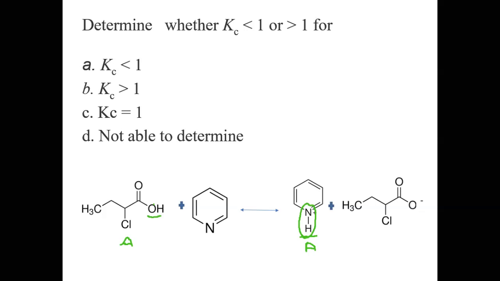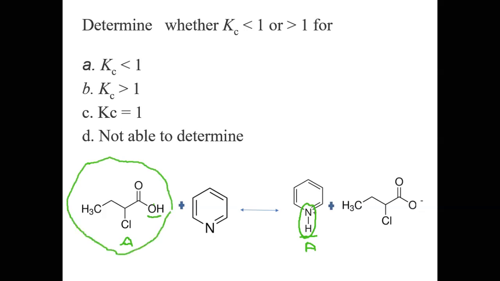Let's repeat it one more time. Since we're comparing two acids where the element attached to the acidic proton are both on the same period, we look at which one has the greater electronegativity. It's going to tell us the one that's the stronger acid. And so oxygen is more electronegative than nitrogen.